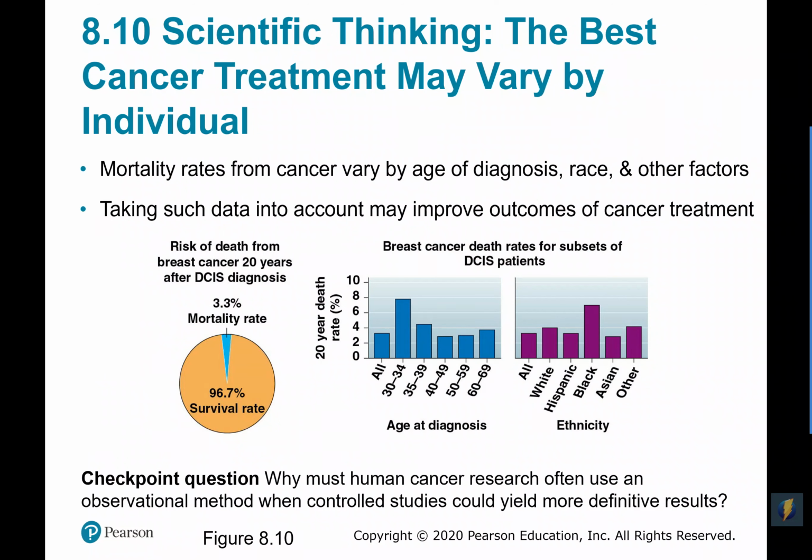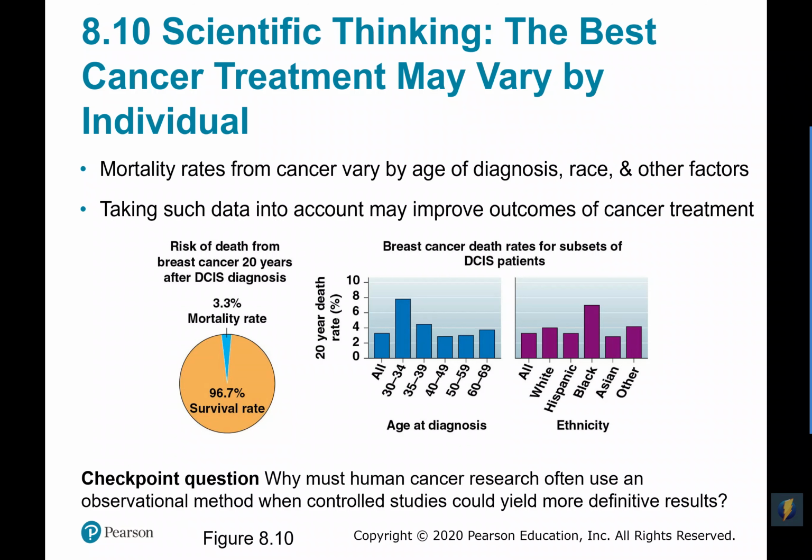And really, one of the best ways to think about treating a specific cancer is taking into account other factors about that person, whether that's their age, their ethnicity, their socioeconomic status, et cetera, et cetera.